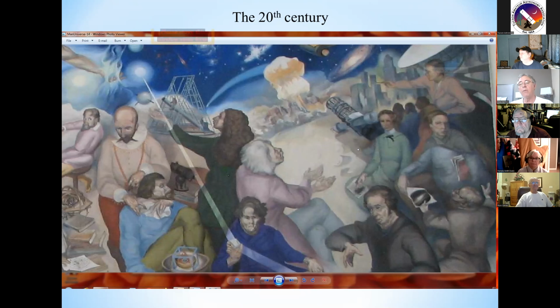It's one of the cornerstones for measuring distances to objects outside the Milky Way. And she's holding in her hand a picture of the Large Magellanic Cloud, because that was her prime object that she studied to derive that period-luminosity relationship.